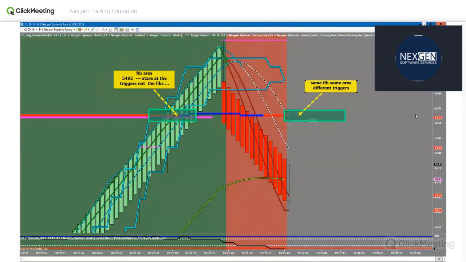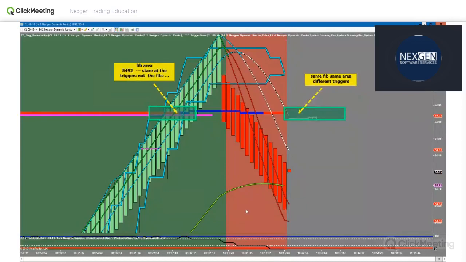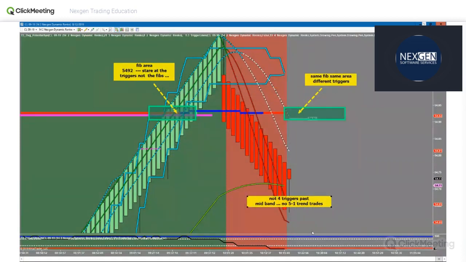Now, Eddie, this is exactly what you did in reverse this morning. Watch. Not 4 triggers past midband. No 5-1 trend trades. Doesn't mean we won't go down, but it's probably not going to be a 5-1 trend trade.